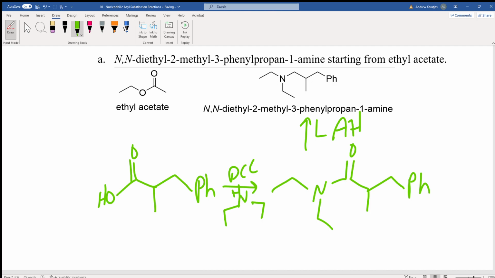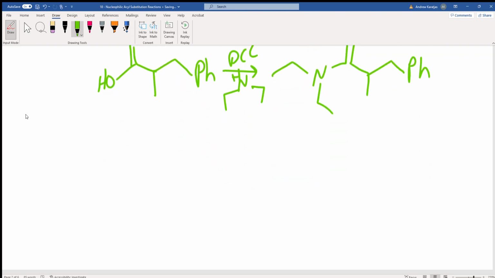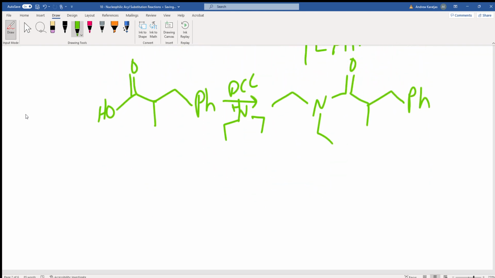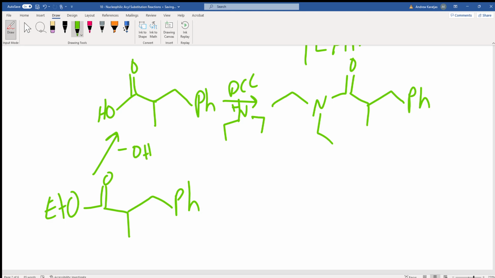Now we don't have a carboxylic acid to start with, we actually have an ester. So most likely, then we could say that this ester could be formed from a hydrolysis, or the ester could, through hydrolysis, form the carboxylic acid that we need.